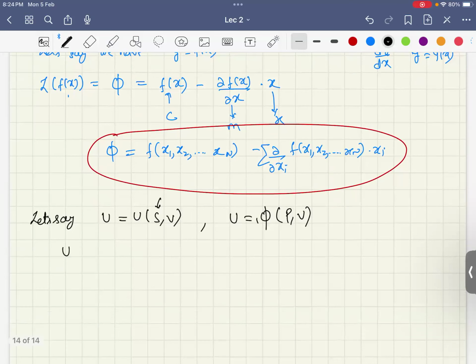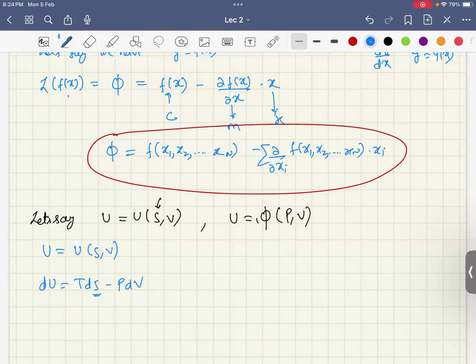Okay, so now let me try to do it. Let me use different colors. So you have U equals U of S and V. So this is what dU equals to, I'm just skipping steps, T dS minus P dV, right? This is a well-known equation. Now I don't want this S here. I want this pressure here. Okay, now how will I do it?